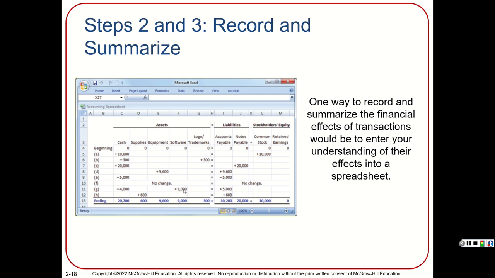So your $9,000 less your $4,000 is $5,000 equals the other side, which is $5,000. And then finally, our supplies account, we increased supplies by $600. We didn't pay the cash for it yet, so our account payable goes up $600 here. And this is the way that you summarize the transactions.